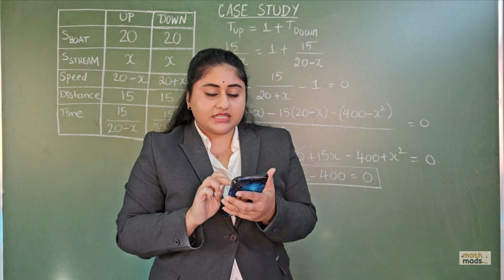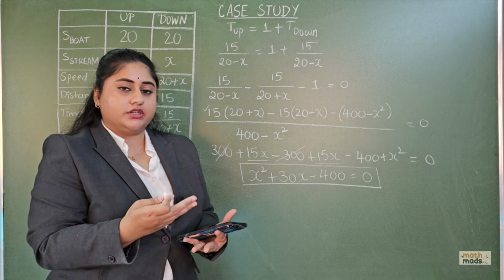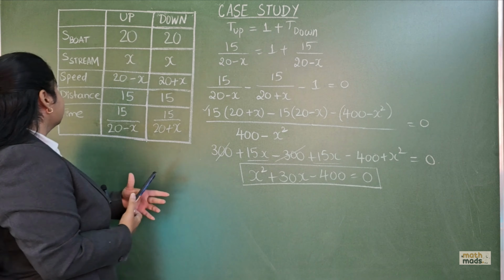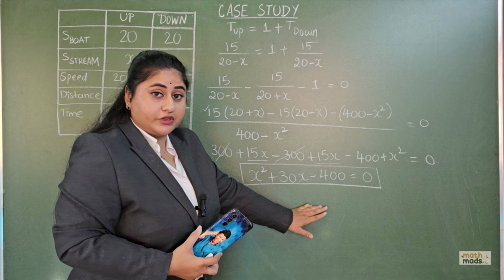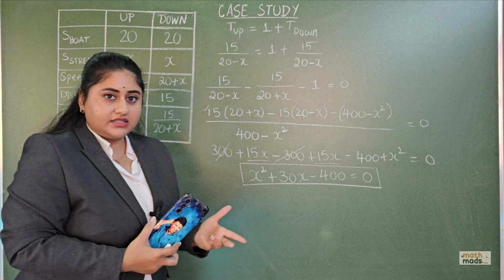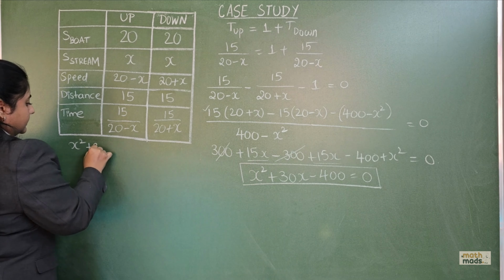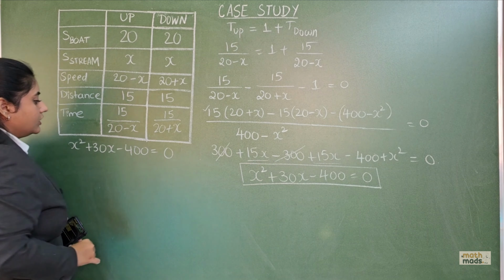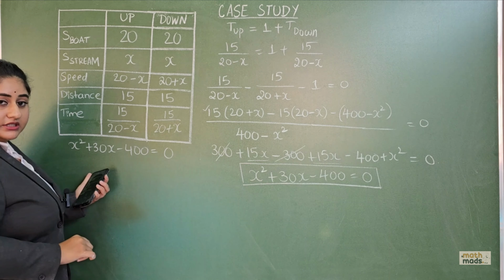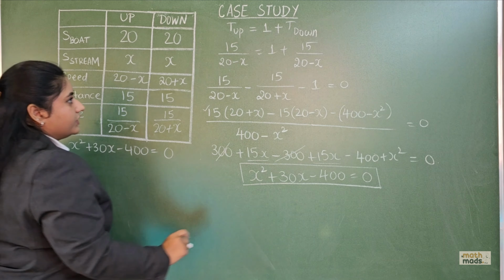Third question, what is the speed of the current? Speed of the current, speed of the stream, or speed of the water all mean the same. So the speed of the stream is x. If I solve this particular quadratic equation and find its roots, I will find the speed of the stream. So let's do that. x square plus 30x minus 400 is equal to 0. You all know how to split the middle term. I have to take the product of minus 400 and x square, so what will I get?